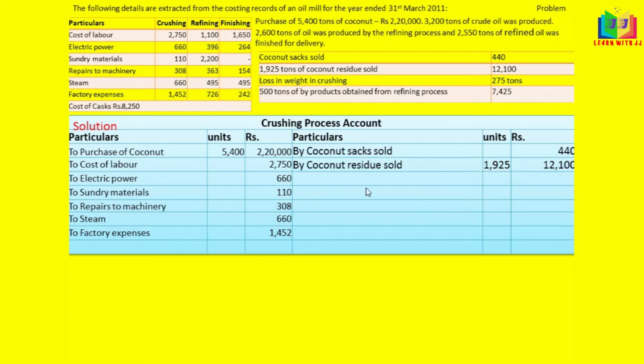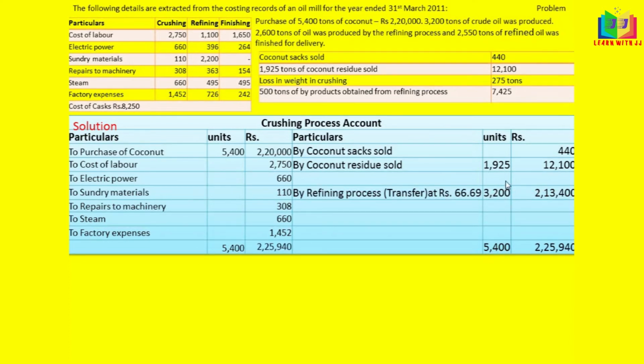Now we write the finished goods. From process 1, we get 3,200 units, and this is the balancing figure, 2,13,400. See here we have 5,400 units on the debit side, but on the credit side we have less than that.